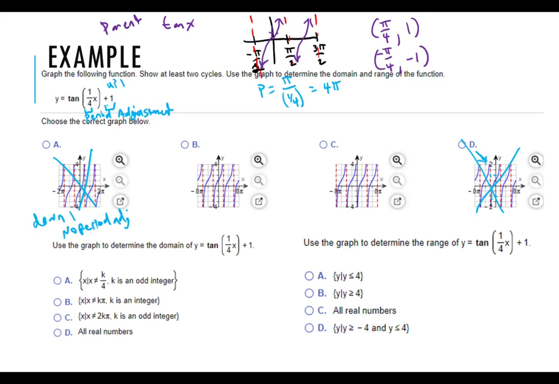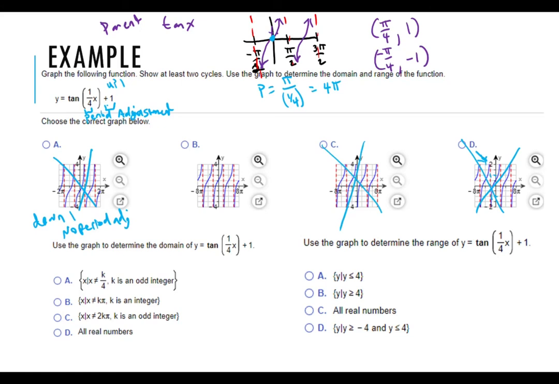But we didn't shift it left or right. And so C is actually a phase shift. Notice that that's shifted left or right because we remember that for tangent, there is that y-intercept at the origin. And so we need to have that point shifted up by 1. It can't be shifted left and right, and so C is out.